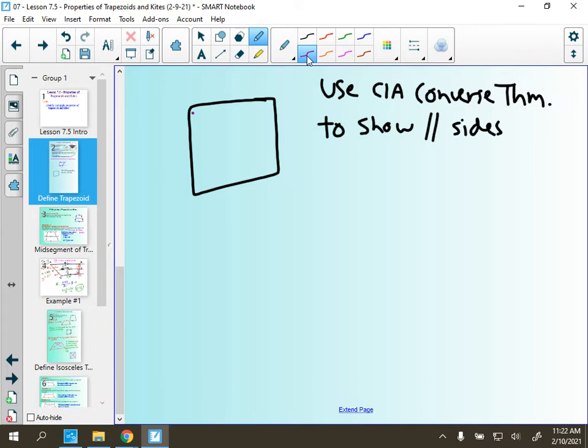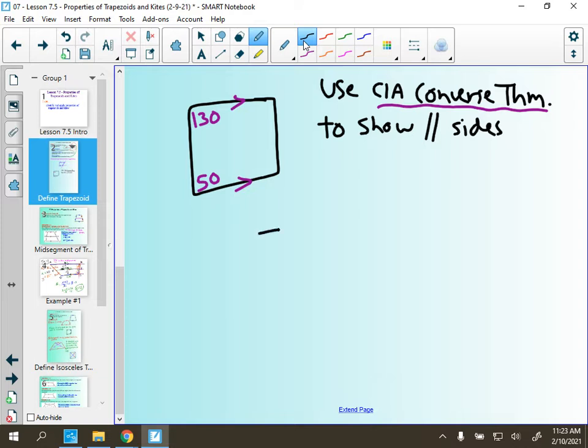If I knew that this was a 130-degree angle and then I knew this was a 50-degree angle, that would be enough to say, okay, this must be a trapezoid. I wouldn't necessarily expect us to dig deep and grab that CIA converse theorem. Even saying something along the lines of those consecutive angles are supplementary, which makes this line parallel to this line. Okay, that's enough to say that that's got to be a trapezoid.